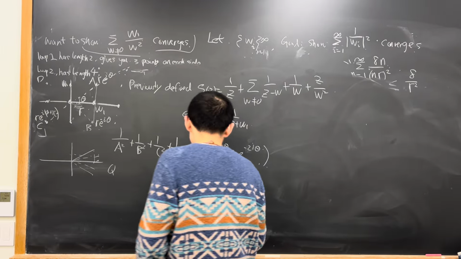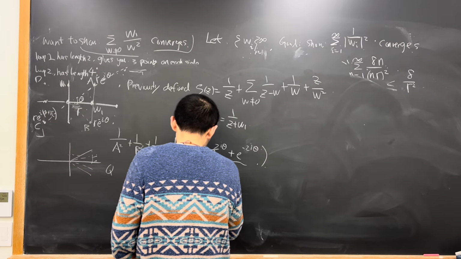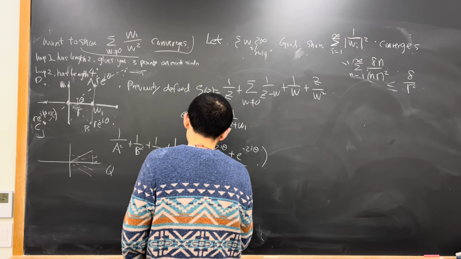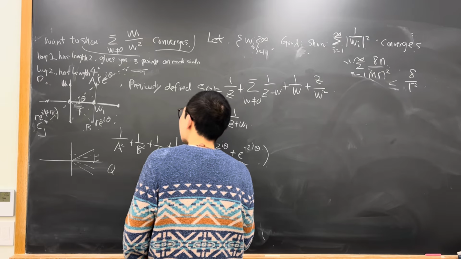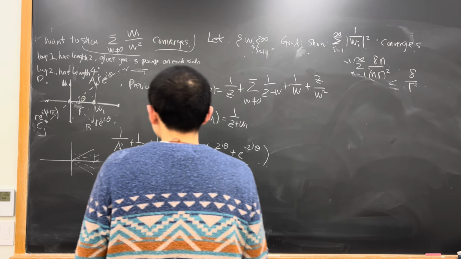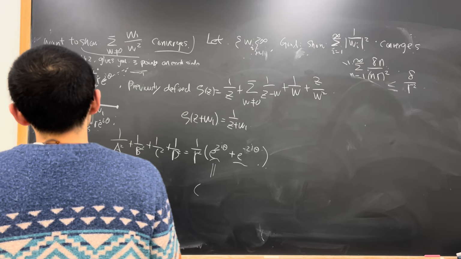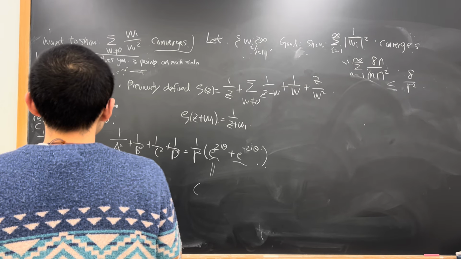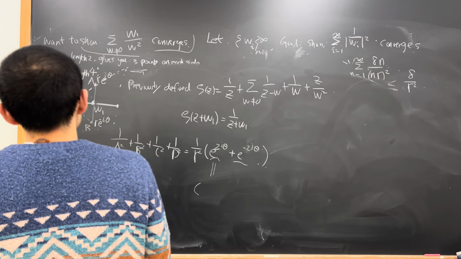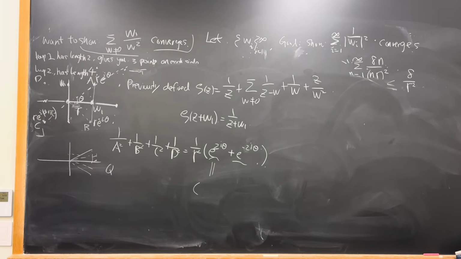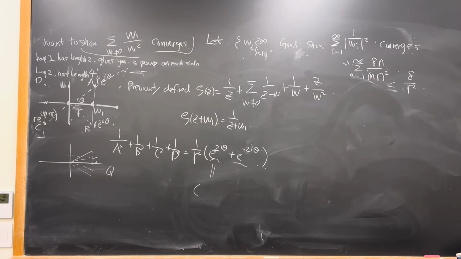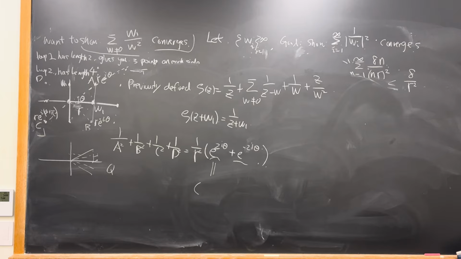So in the local coordinate, in the actual coordinate, it is like... wait, they're complex numbers.